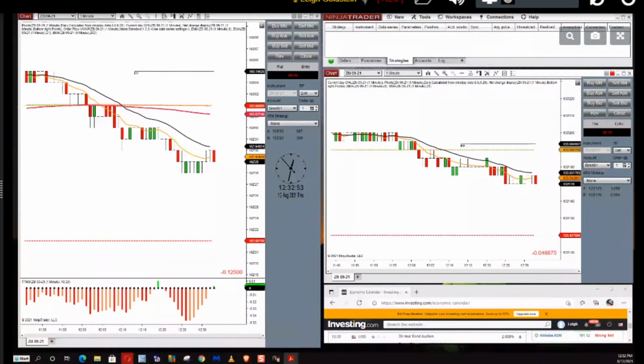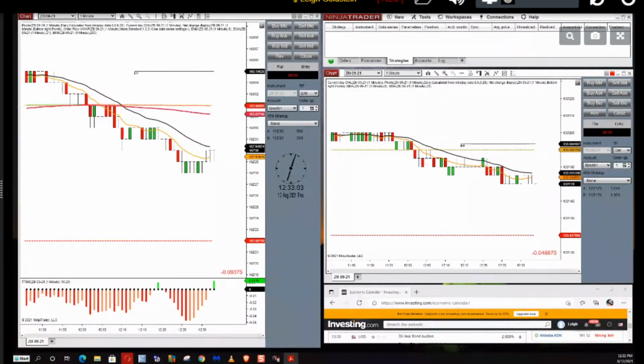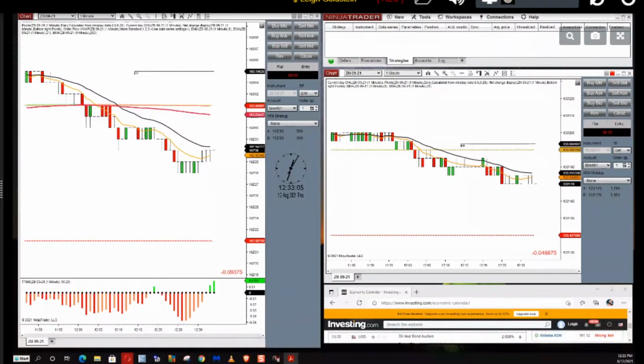Have you ever noticed that? WASD always saves the day. Hate to use the word always. WASD often saves the day.